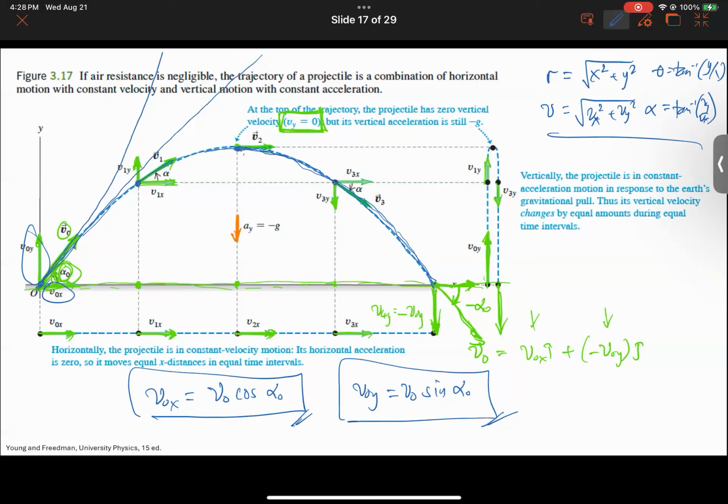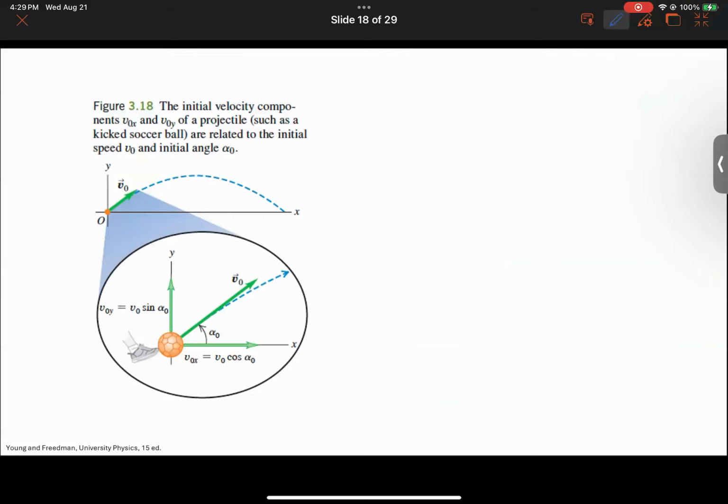This figure just demonstrates how we computed the components of the initial velocity: cosine alpha naught and sine alpha naught. It's nothing but trigonometry.